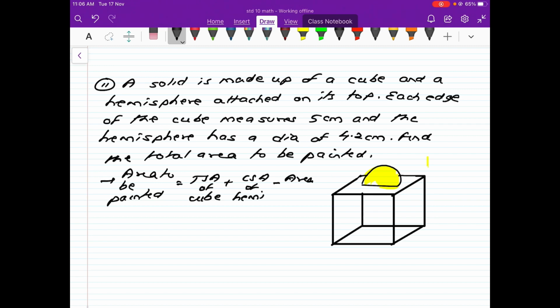That's what I showed. So it is the 6th side. On the 6th side from the square you have to subtract the circle. So we have to subtract the area of the base of the hemisphere.